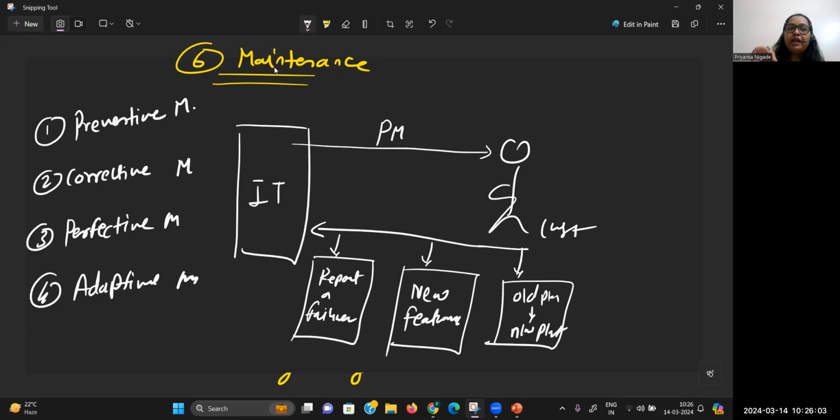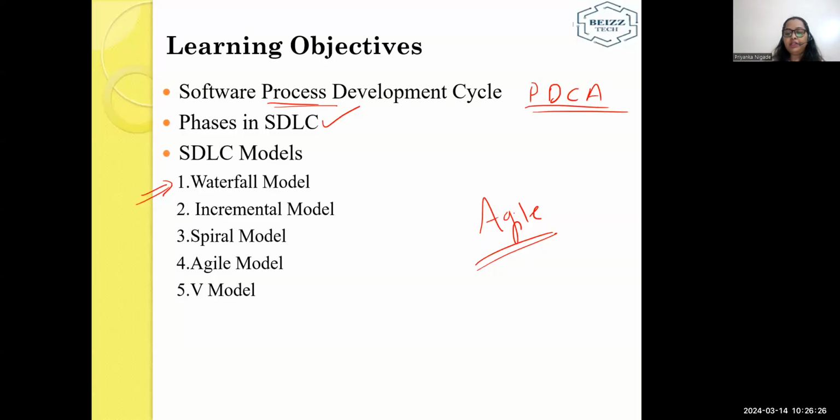The software development life cycle is used to implement a quality software application, design and test a quality software application, but it includes multiple phases: requirement gathering analysis, design, third is development, testing, deployment, and the last one is maintenance. So whatever I have covered, it is mentioned here.